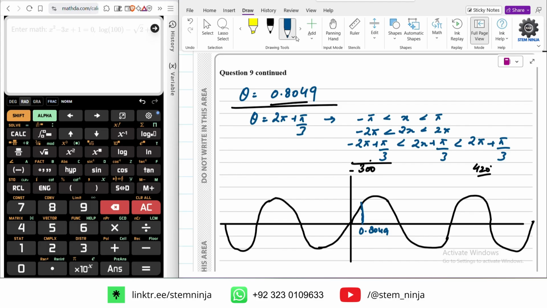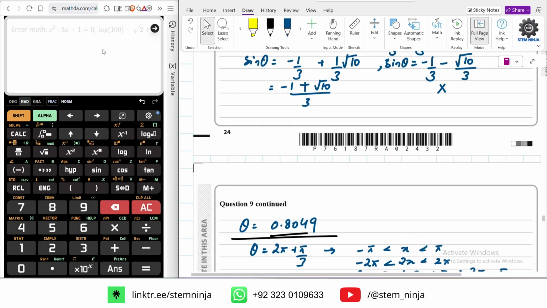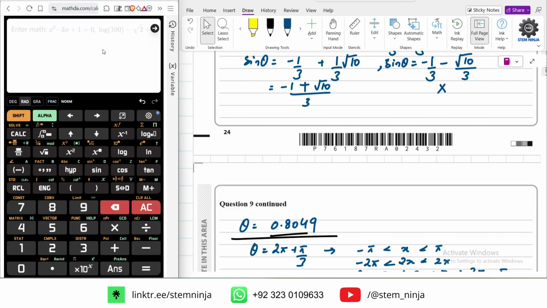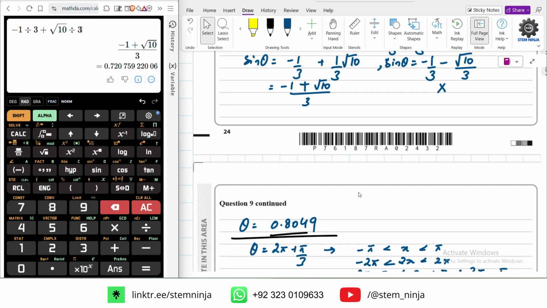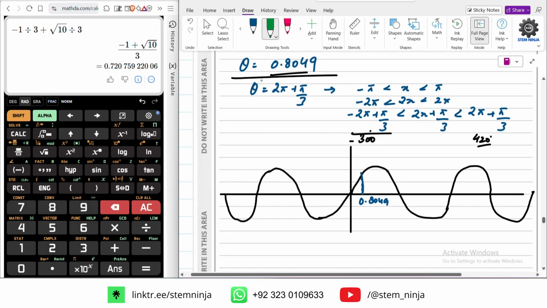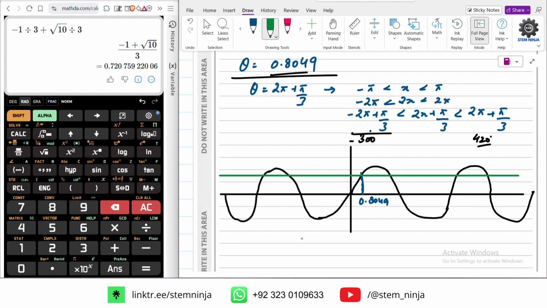So this means that this value of sine theta that we actually got, minus 1 divided by 3 plus root 10 divided by 3, is going to be cutting the sine curve in these places. So let's see which one of these would we need. So this is pi, this is 2 pi, this is 3 pi, 4 pi. We don't actually need that much. We just need up till this part.